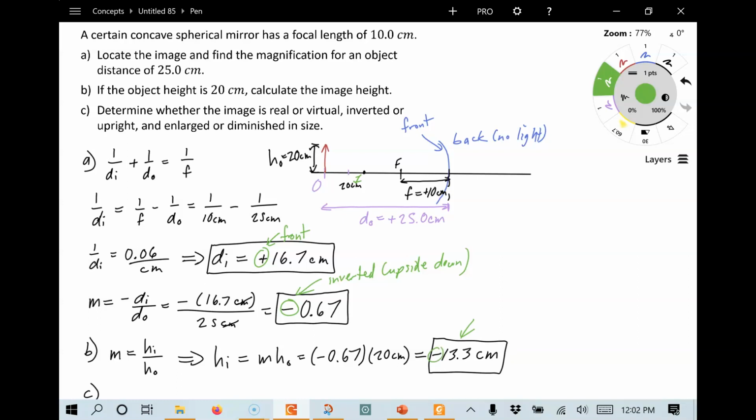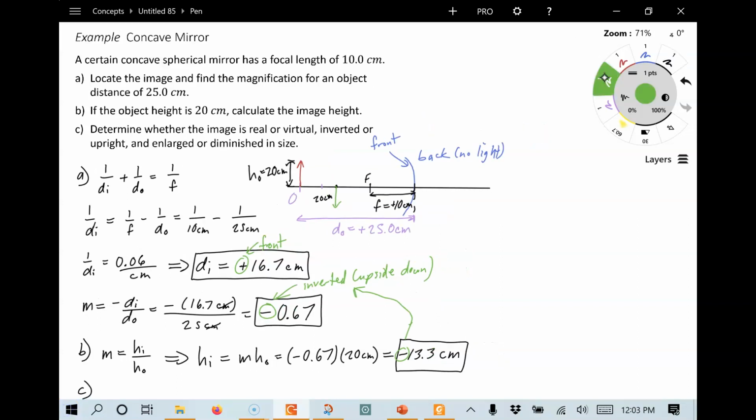The negative sign, again, means inverted as well on the height. All right. So if we draw this, we're going to draw something a little bit like this. Right? 2/3 as big, pointed in the opposite direction. There is your image there. So there's our image.